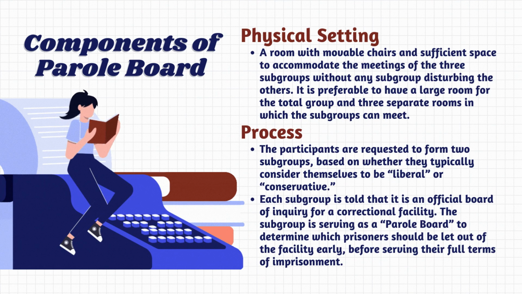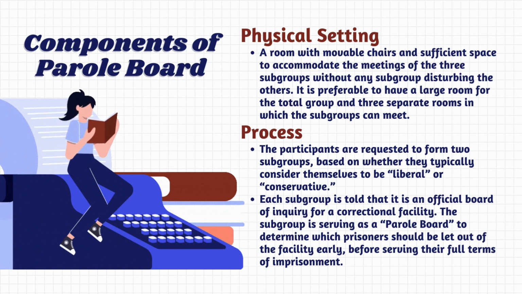For the physical setting, you will need a room with movable chairs and sufficient space to accommodate the meetings of the 3 subgroups, without any subgroup disturbing the others. It is preferable to have a large room for the total group and 3 separate rooms in which the subgroups can meet.